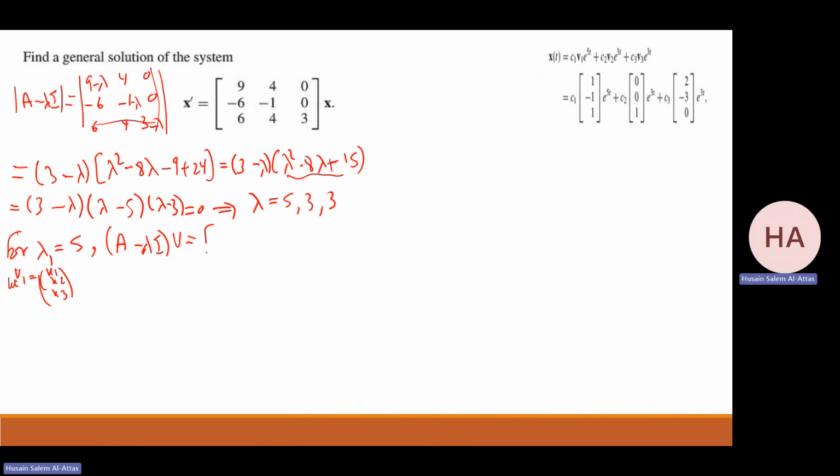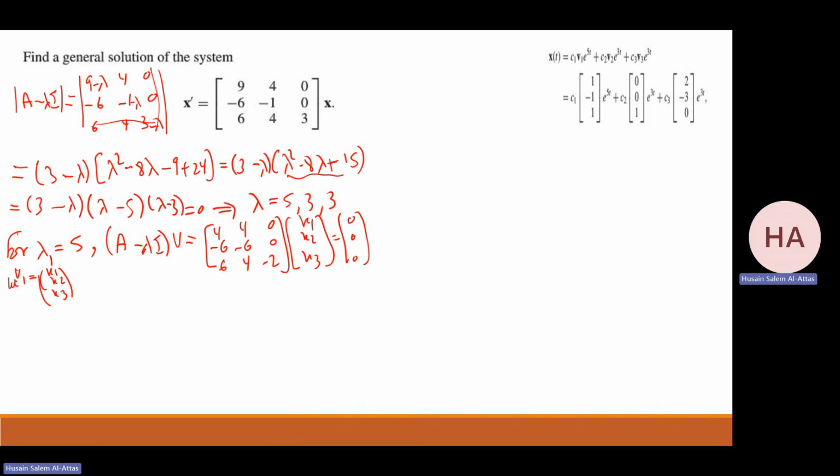That gives me what? 9 minus 5 is 4, 4, 0, minus 6, minus 1 minus 5 is minus 6, 0, 6, 4, 3 minus 5 is minus 2, times K1, K2, K3 equal 0, 0, 0.